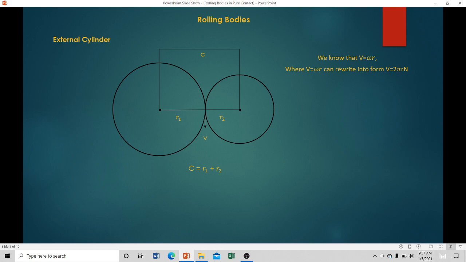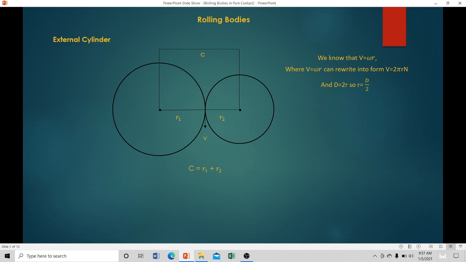So we know that velocity is equal to omega r, which we can rewrite in the form v equals 2 pi r n, where n is in revolutions per minute. The diameter is equivalent to 2r, or twice the radius, so r is equal to d over 2.